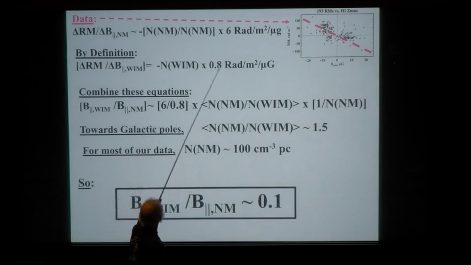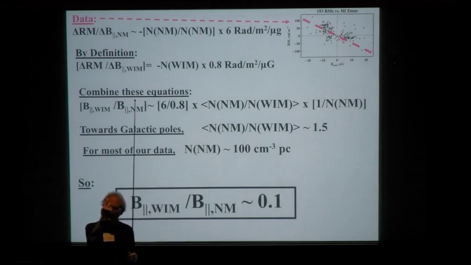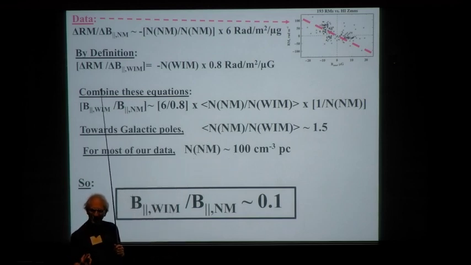That's these numbers here, 6 over 0.8, times the column density of neutrals divided by the column density of ionized. That's a number we know because when we look towards the galactic pole, that's a well-defined ratio, and it typifies the ratio of column densities of ionized and neutral particles.